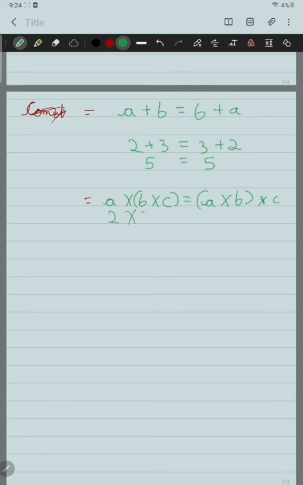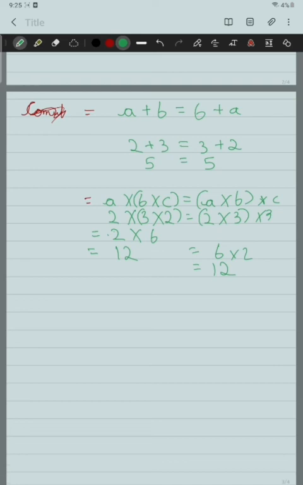Suppose 2 into (3 into 2) equals (2 into 3) into 2. Let's check. 3 into 2 is 6, 2 into 6 equals 12. 2 into 3 is 6, 6 into 2 is also equal to 12. Hence verified. This is the associative property, and the upper one is the commutative property.